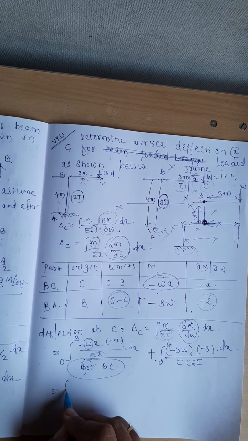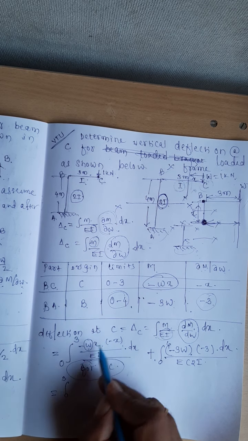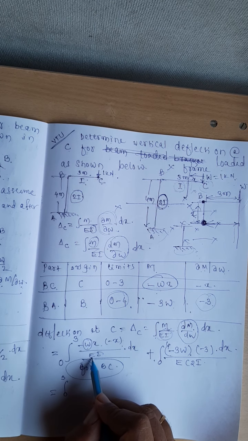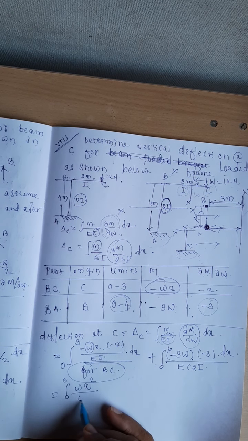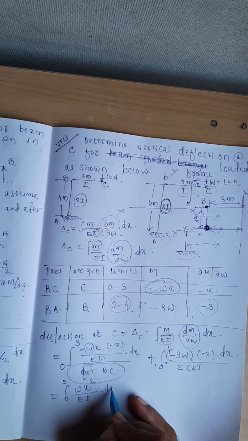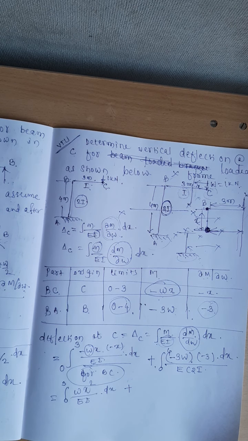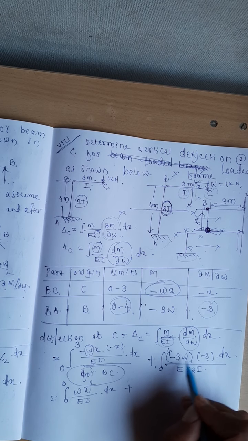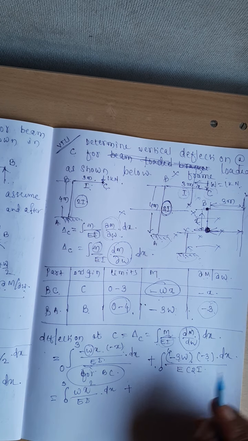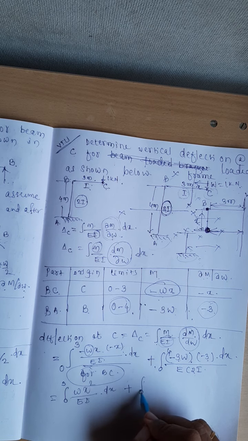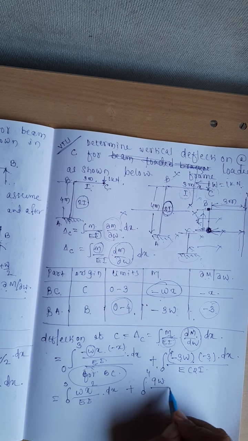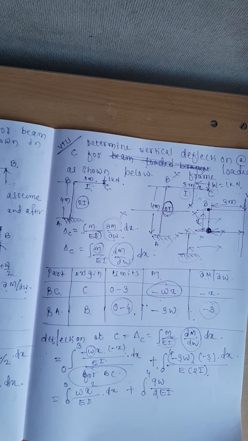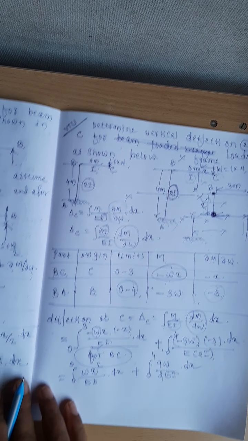Yes, what you are going to get? 0 to 3, W x square over EI into dx, plus next here is 9W over 2EI, integral from 0 to 4, 9W over 2EI into dx.